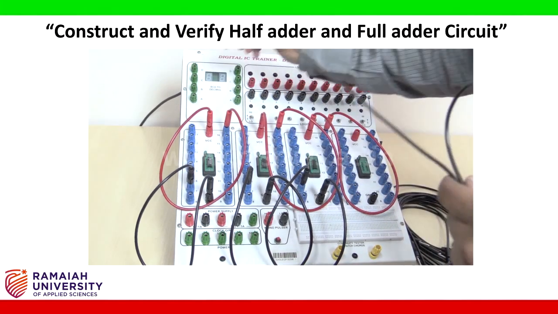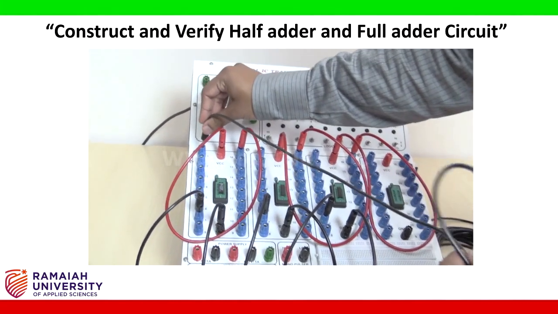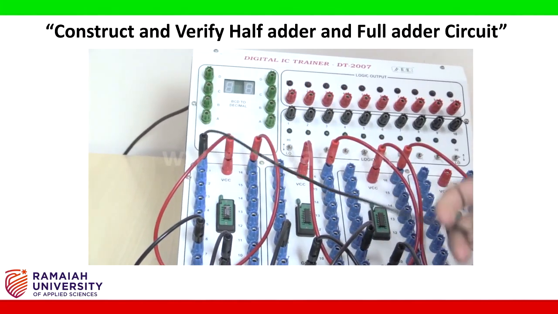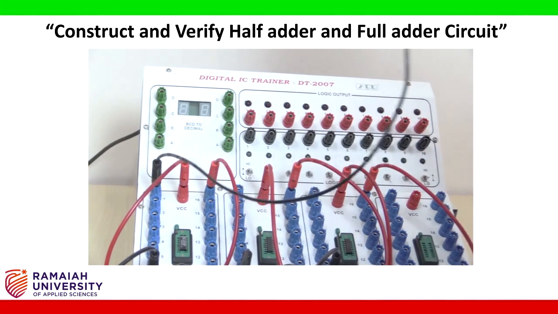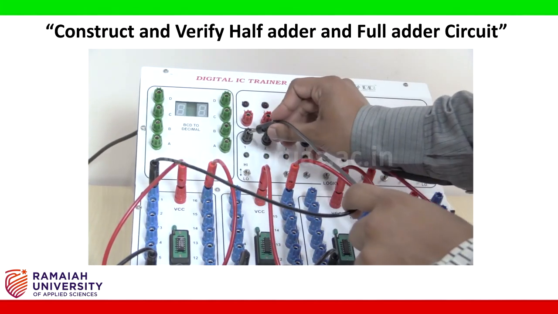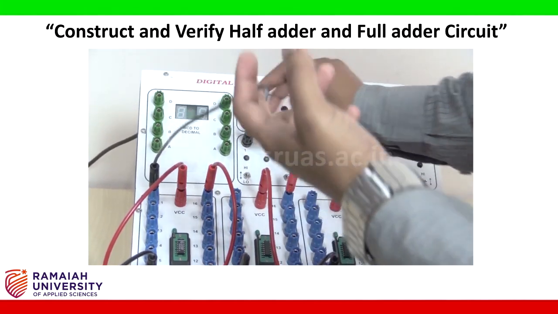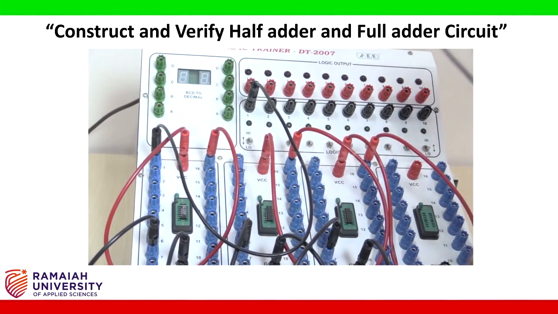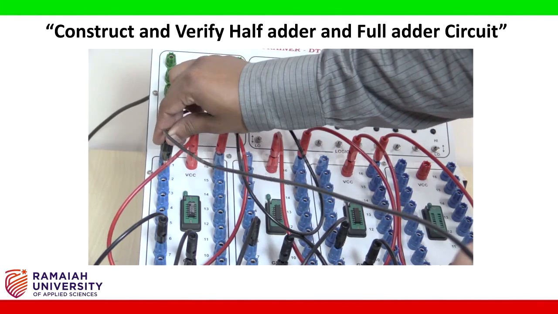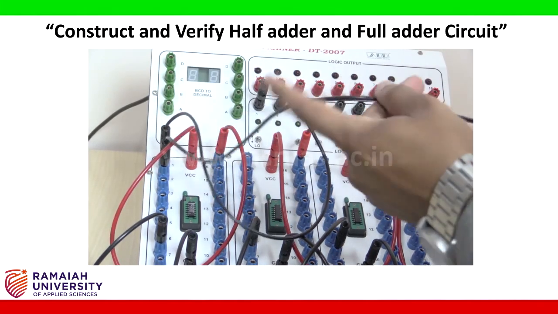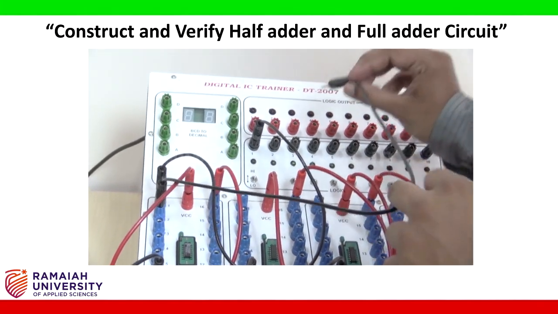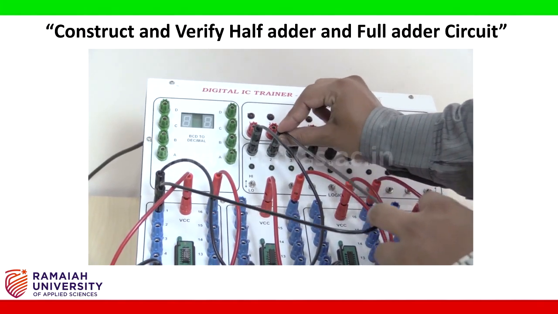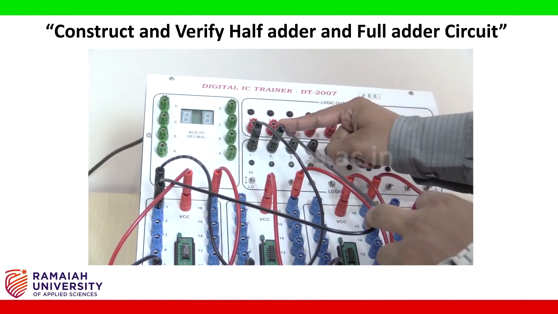As per the pin diagram, pin number 1 is input. The input is connected to the input knob 1, and I can consider this as A, and pin number 2 of the AND gate is considered as one more input. This is connected to the input knob 2, and I will consider this as B.